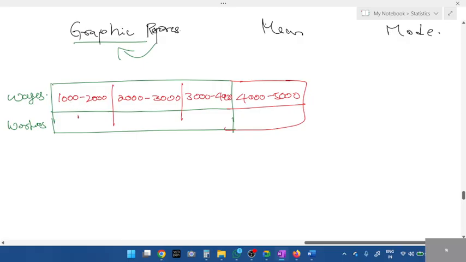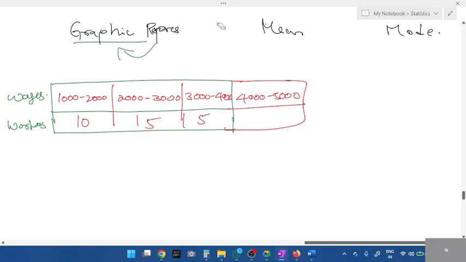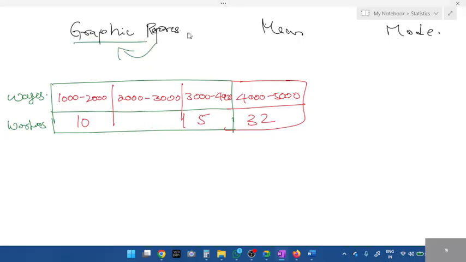1000 to 2000, there are 10 workers, 15 workers, 5 workers, 35 workers. This is the type of question values you'll have. 35, instead of that I'll take 32, 19, 10, 19, 5, 32 students.